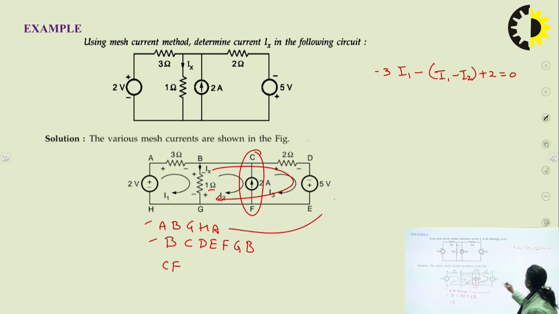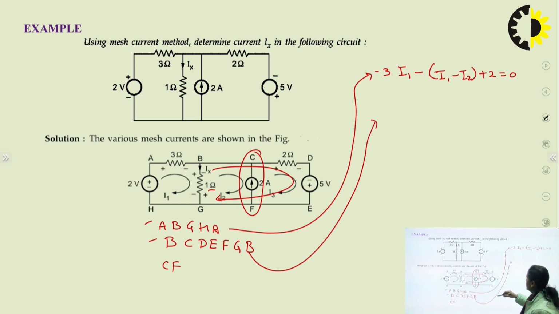This is the equation for this loop. The next equation is for this super mesh. Here we have 2 ohm, so minus 2 I3 plus this 5 volt. Now coming to the 1 ohm, minus 1 and the current is I2 minus I1, so we write I2 minus I1, and this will be equal to 0.